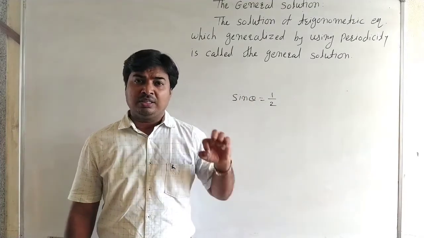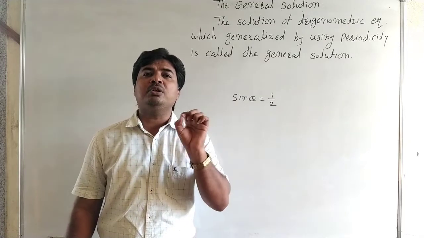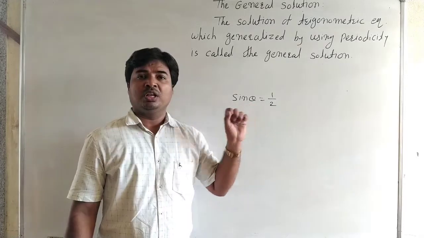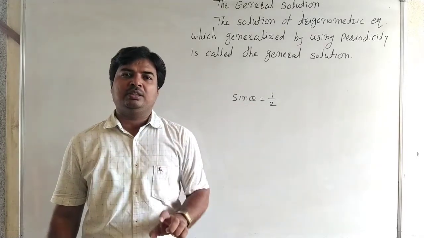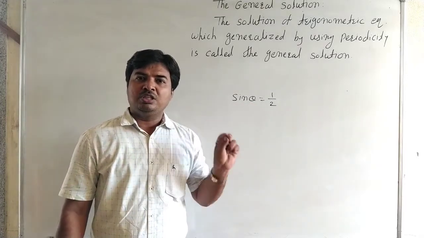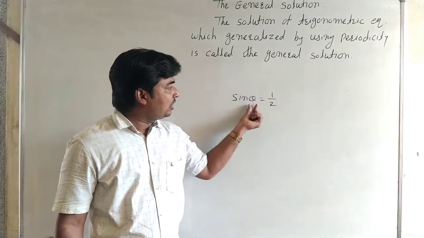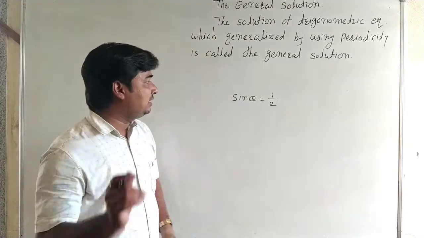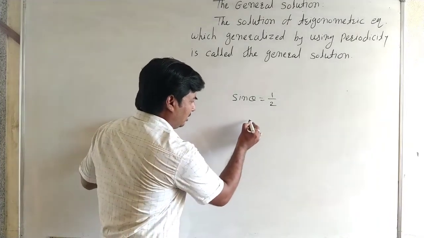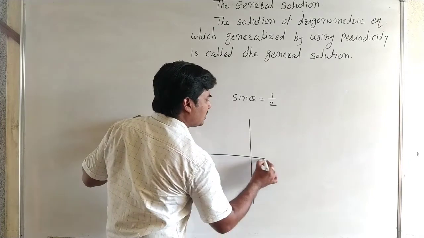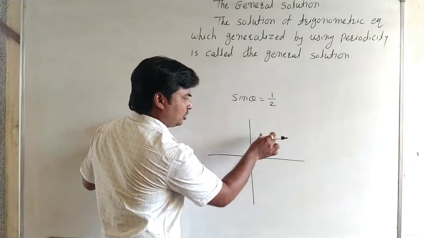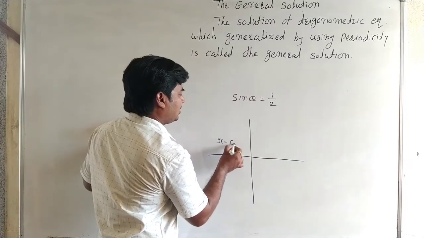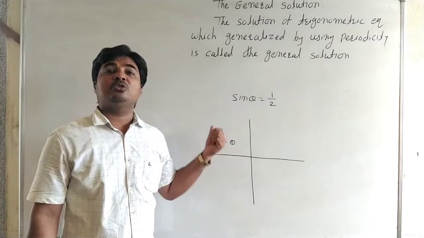But in the last lecture we discussed the principal solution. Principal solution is the value of the variable, that is the value of theta, between 0 to 2 pi. In 0 to 2 pi there are two angles for sin theta equal to 1 by 2, because sin theta is positive in two quadrants, the first quadrant and the second quadrant. In the first quadrant it is an acute angle, so positive, and in the second quadrant, pi minus theta, sin pi minus theta is also positive.